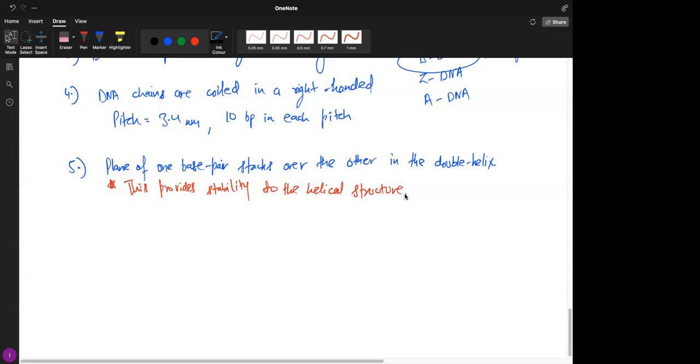And this is also one reason why DNA is more stable than RNA, because in DNA, both the sides have a backbone and bases come inside. So they stack very, very properly. In RNA, there are some issues with stacking because there is only one backbone. It's a single stranded molecule. So that also is what makes DNA more stable chemically and does not allow it to react with a lot of molecules that RNA can react with because it's an open strand. Does that make sense, everyone?